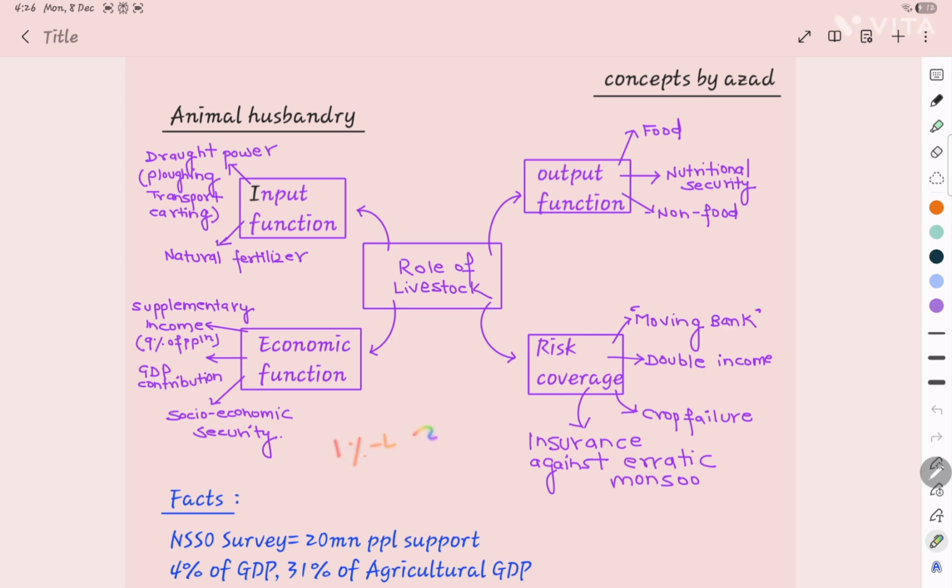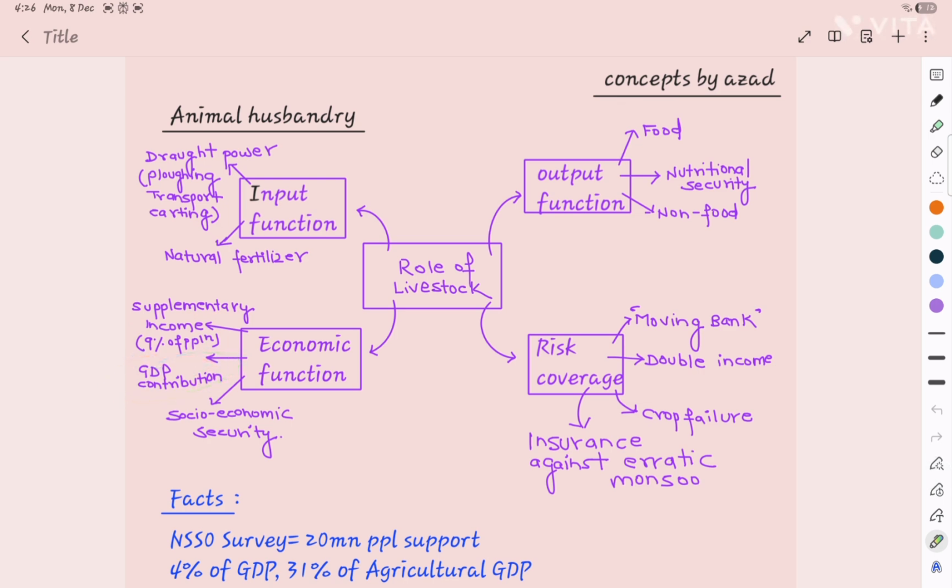How does it provide socio-economic security? If there is a drought, or anything which affects the family, the animals in the livestock help in economic recovery.